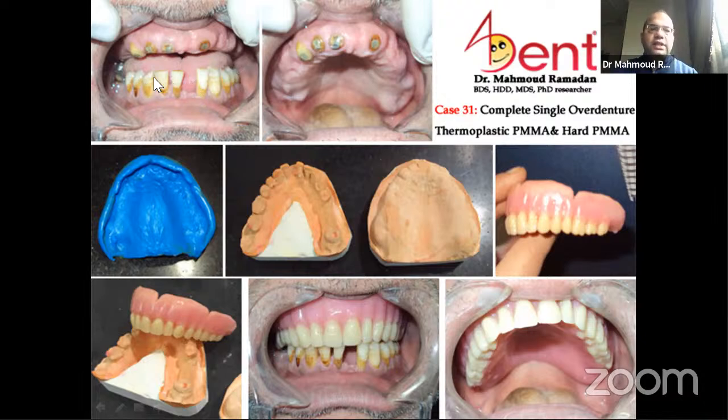Here we have, as you see, an irregular occlusal plane, and we have natural teeth with a heavy magnitude of force.